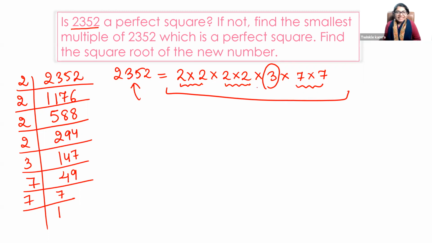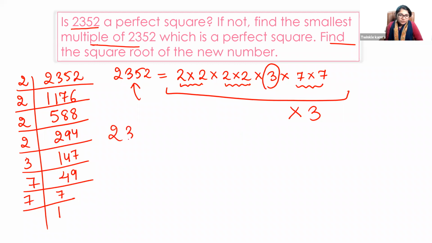It means if they ask for the smallest multiple which is a perfect square, what do you do here? It is so simple. You multiply this with 3. If I multiply with 3, I'll get a perfect square. So simple it is.